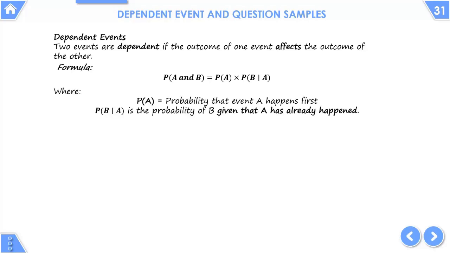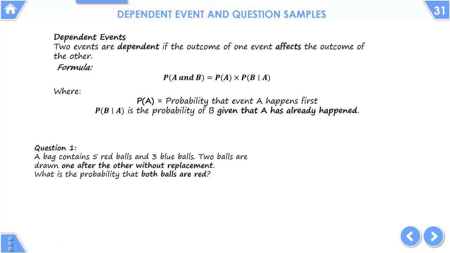P of A is the probability that A happens first, and P of B given A is the probability of B given that A has already happened. So the probability of A affects that of B. A happens first and B occurs second.